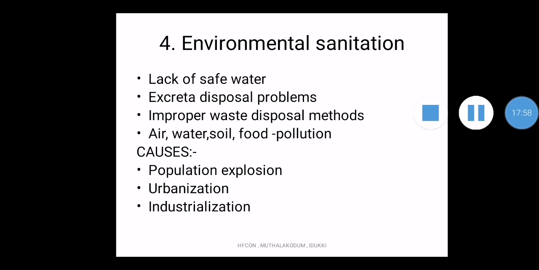When soil is polluted, all the agricultural products we eat also get polluted because of the overuse of fertilizers and pesticides, which we use in double. Why? Because we need double production, because of the population explosion. This is why in community health we always focus upon family planning or the small family norm.